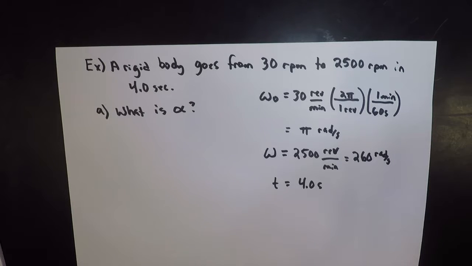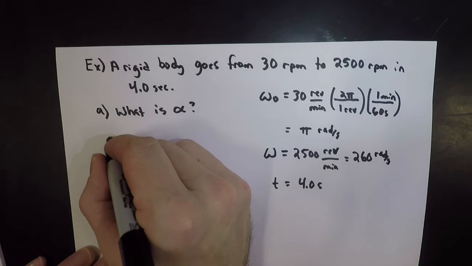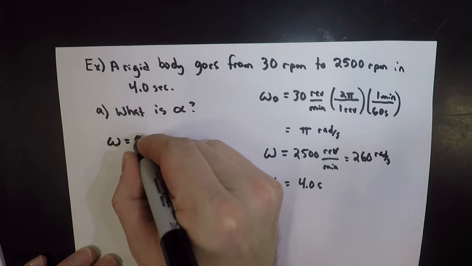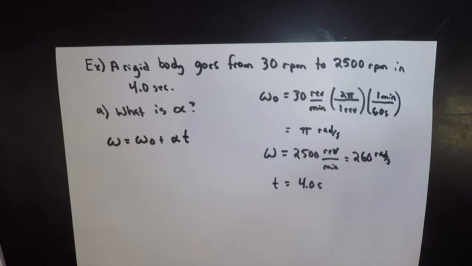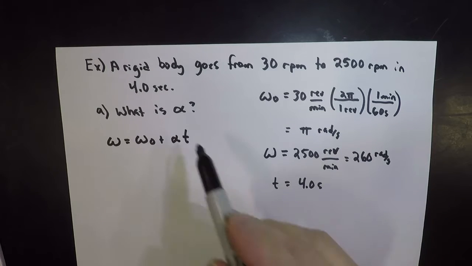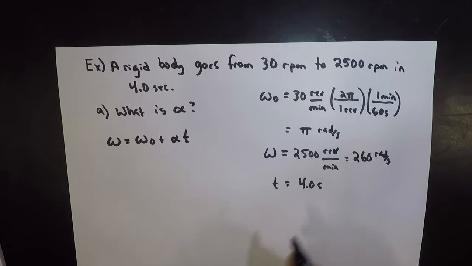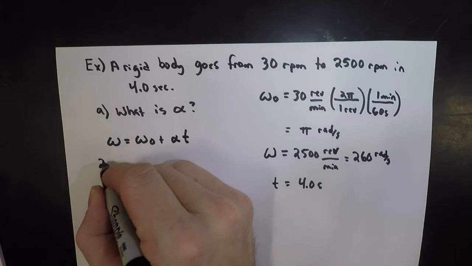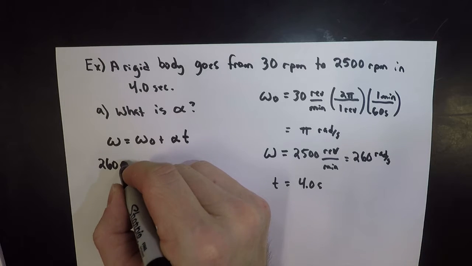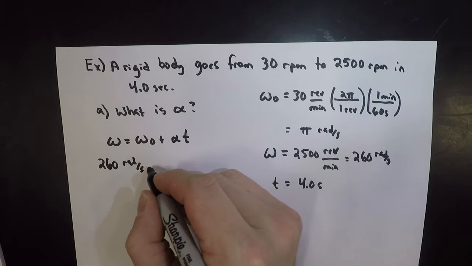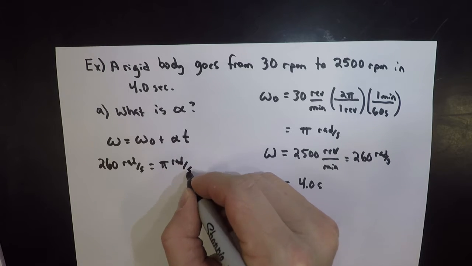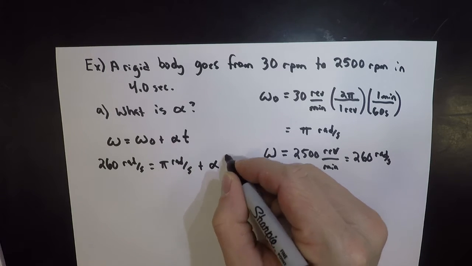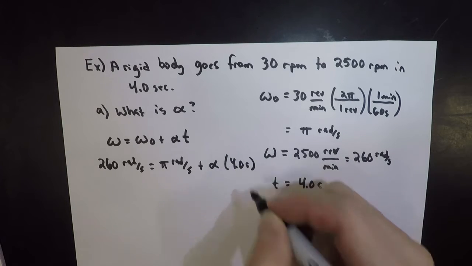So this should seem very familiar. This is like listing my knowns out. We're solving for an acceleration, so we'll go to our kinematics equations, this time the angular version. This is the equation that relates the 3 known variables with the 1 unknown variable. As long as I'm in the proper units, we can solve this. So 260 radians per second is the final, pi radians per second is the initial, and the time is 4 seconds.